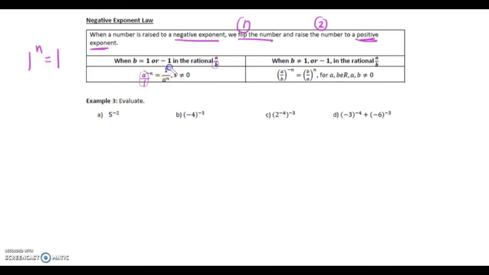So we actually don't write that the n is here. We just apply the n to the integer value. Oh, and this should say a cannot equal 0. Okay, so that denominator can't be 0.